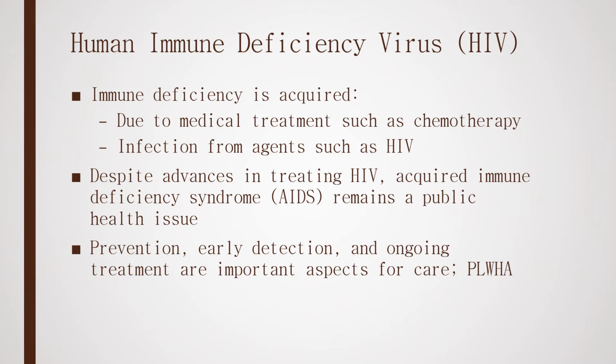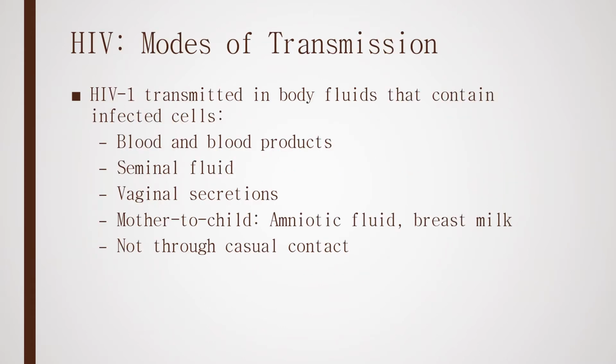Prevention, early detection, and ongoing treatment remain important aspects of care for persons living with HIV infection or AIDS. I talked about early prevention and early detection. So, let's go over the mode of transmission.